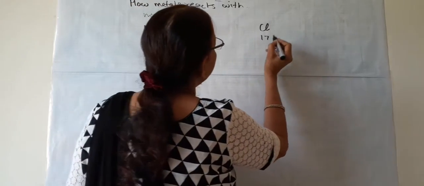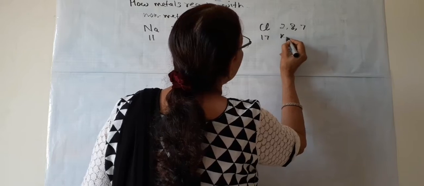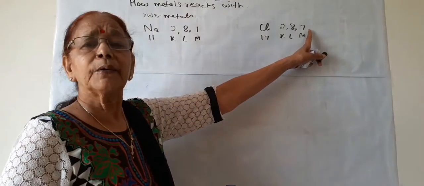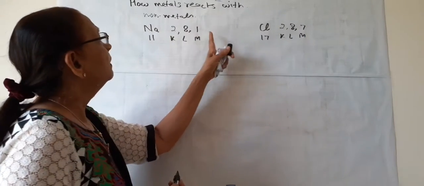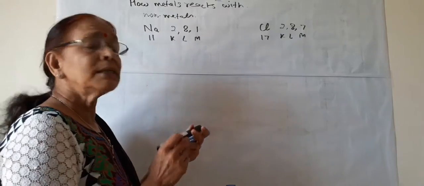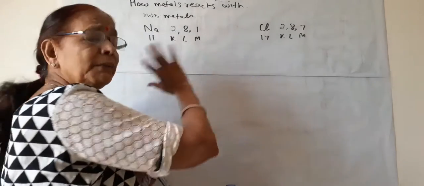For chlorine, the atomic number is 17, so 2, 8, 7 in K, L, M. In the last or valence shell, 7 electrons are present here, and in the last or valence shell of sodium only 1 electron is present.